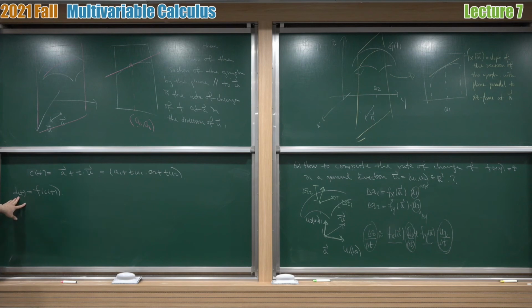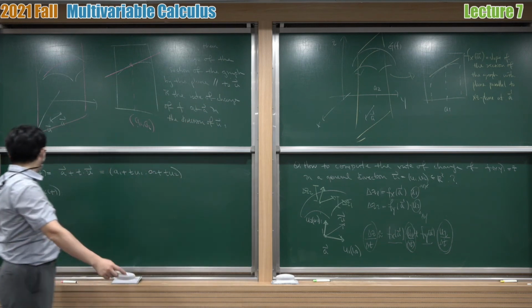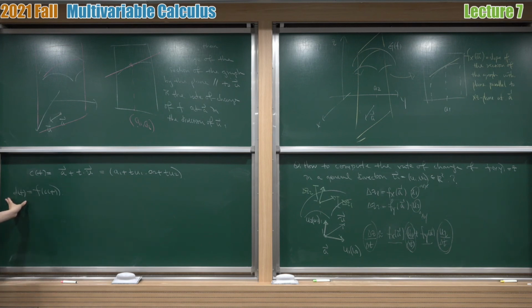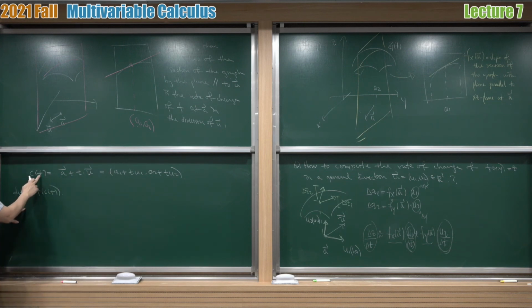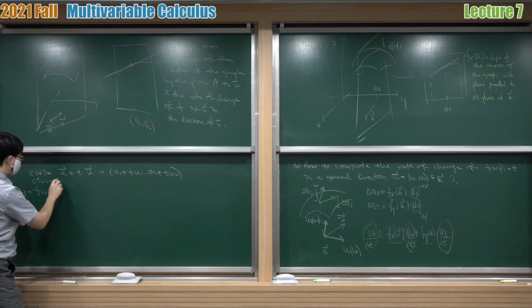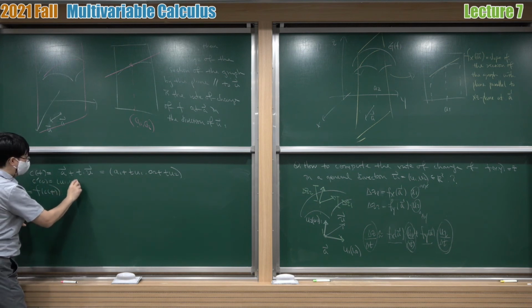So I'm taking f as a real valued function. d(t) is nothing but a single variable function, right? And the point that I'm interested in is when t equals 0. Also when t equals 0, the velocity is (u1, u2), which is u.